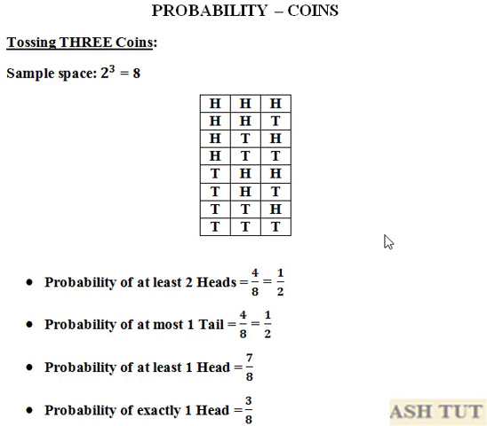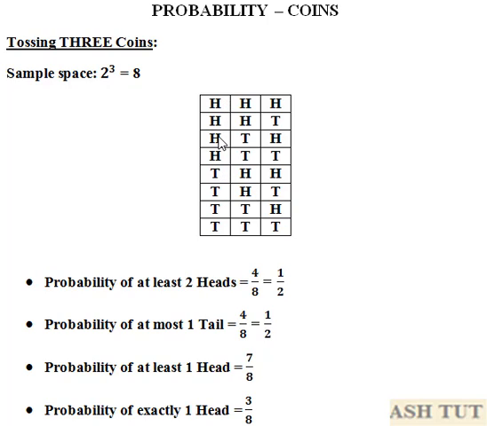And now next we have probability of tossing 3 coins. The sample space in case of 3 coins will be 2 raised to power 3. This 2 is either head or tail, so 2, and this 3 is the number of coins. 3 coins are there, so sample space is 8. That means 8 sets will be there. Now how can you make these 8 sets?